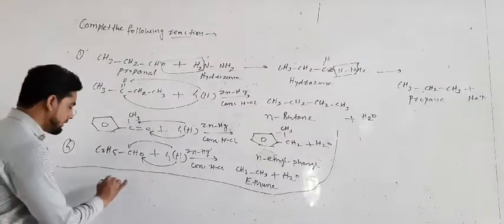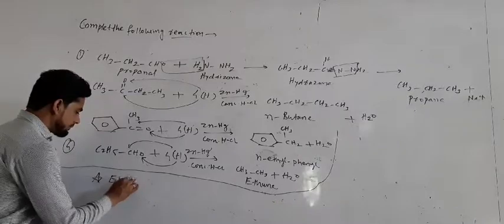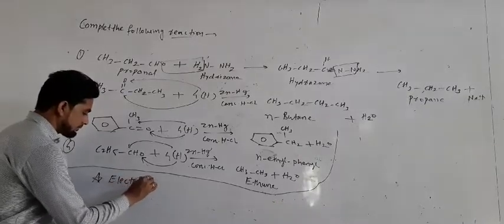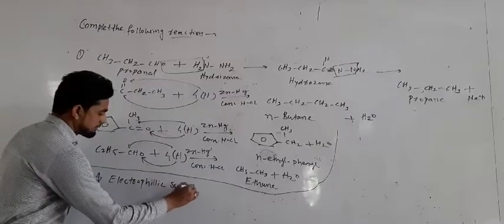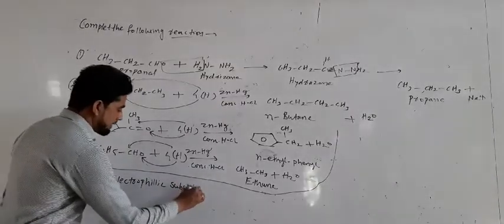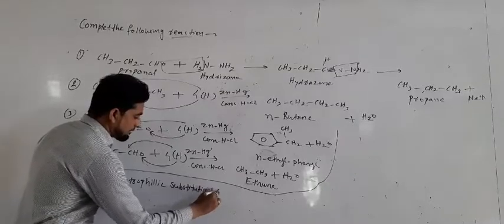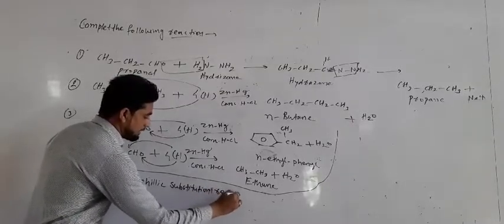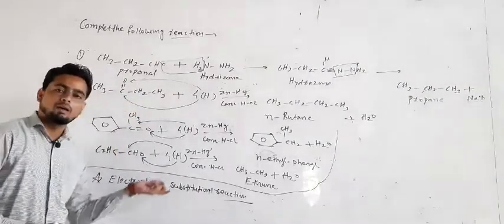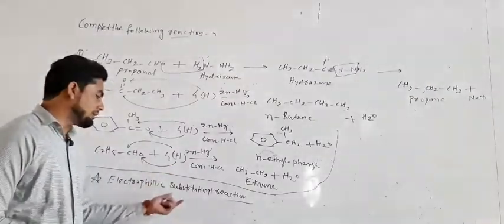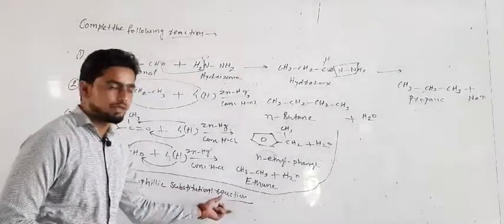So we take the question here: what is the electrophilic substitution reaction? It is a reaction in which one electrophile is replaced by another electrophile. Electrophilic substitution reactions. Clear hai?